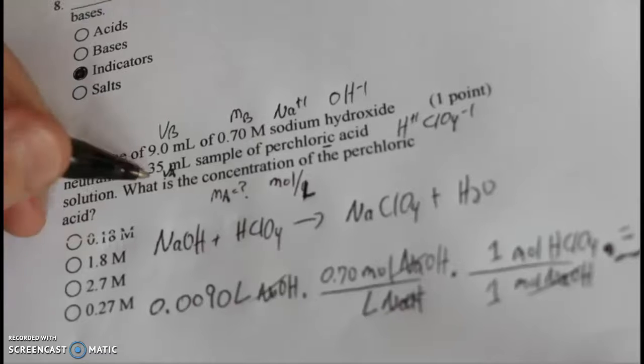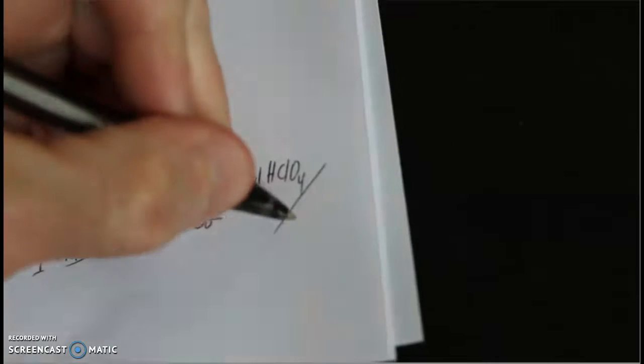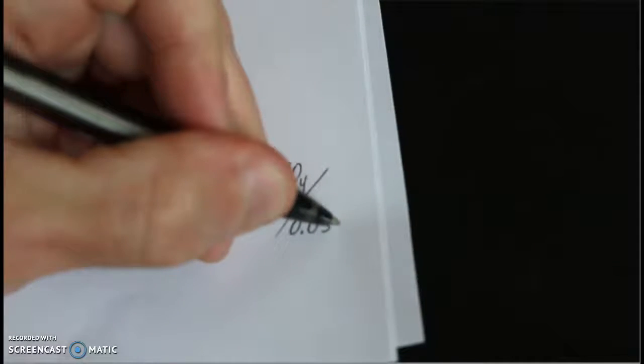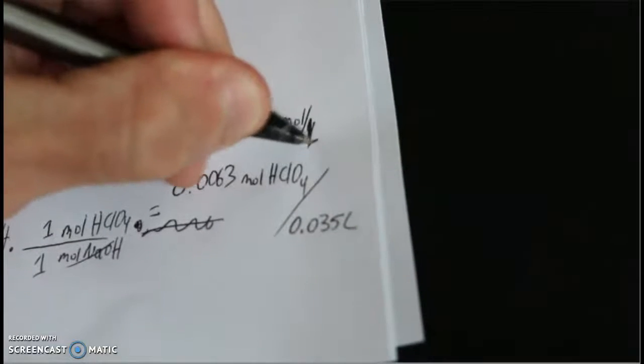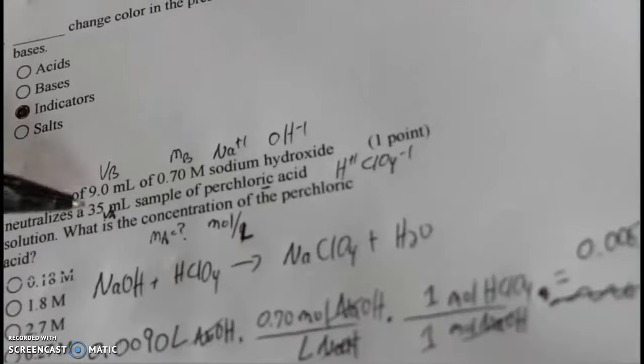And I know what the volume of the acid is. So now all I have to do is take the moles of the acid and divide by the volume of the acid, but I have to make that into liters because I need the units of moles per liter. And remember, I get the volume from here. It's 35 milliliters, which becomes 0.035 liters.